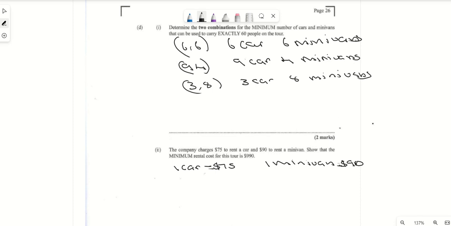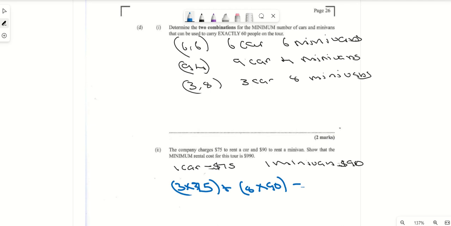I'll do all of them. It's 3 cars, which is 3 multiplied by 75, plus 8 minivans, which is 8 multiplied by 90.